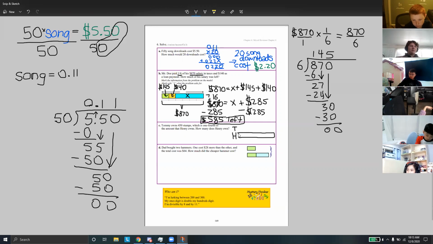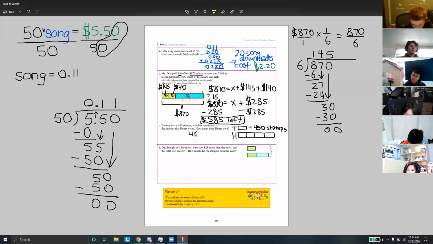Right? So look, if I split Henry's into 4, Tommy owns a 4th. And we know that Tommy's is equal to 450 stamps. And so if we want to know how much Henry owns, Henry's going to own 4 times more than Tommy's.